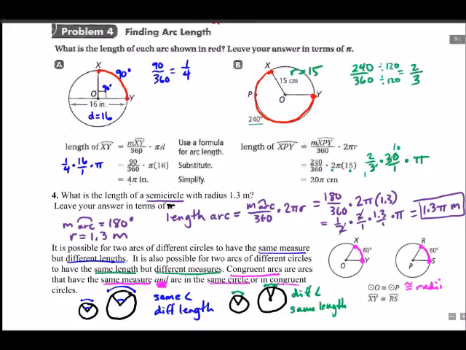Not only are the measures the same, but their angles are congruent as well. So we could mark those congruent like that. So our arcs are congruent as well. Our circles are congruent, therefore our radii are congruent, and then everything is congruent.